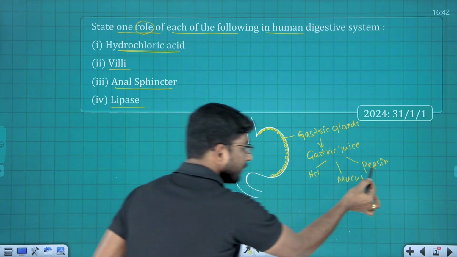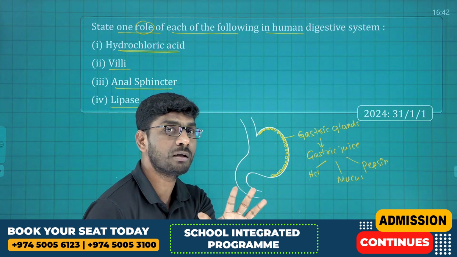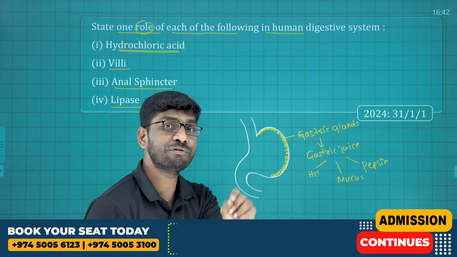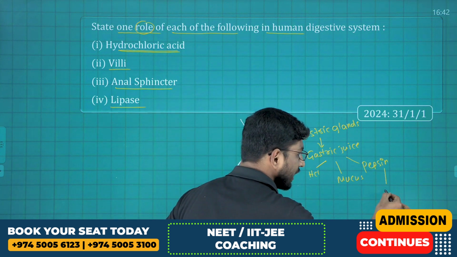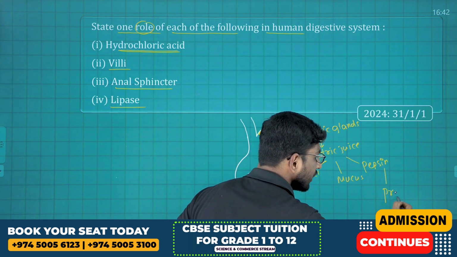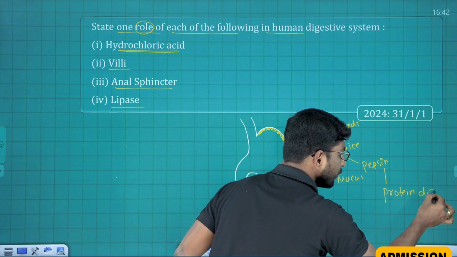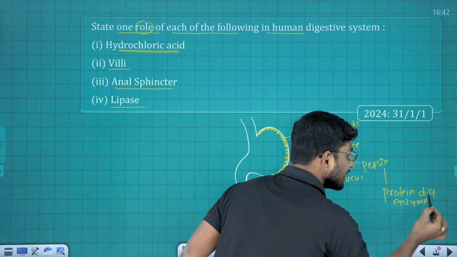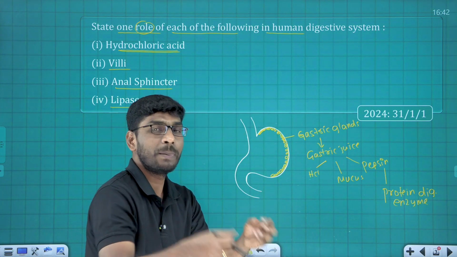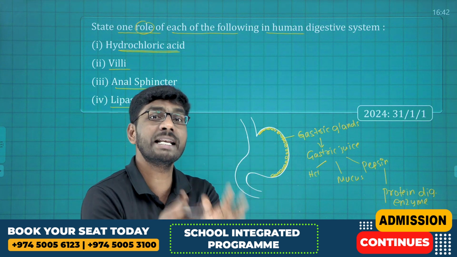Remember all of you, pepsin is a protein digesting enzyme, and it is not released directly in the form of pepsin. This enzyme is released in the form of pepsinogen, the inactive form.